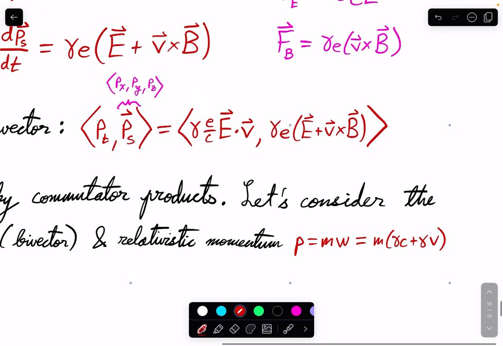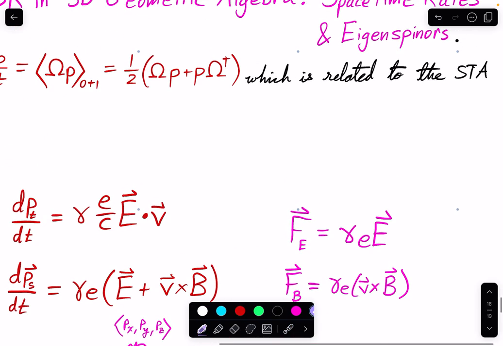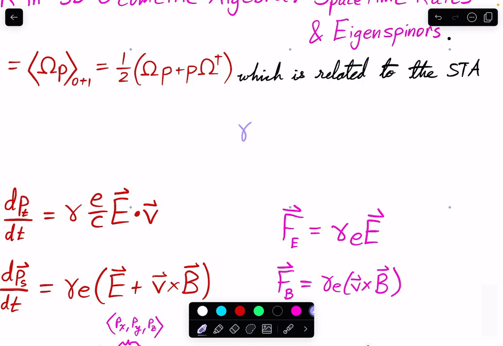Oh, and I was going to write it up here, but I kind of forgot. A thing to note is that gamma, when it's written without subscript, is the same thing as the cosine of phi, where phi is equal to the inverse tangent of the magnitude of the velocity vector over c. So this is called rapidity, and gamma is the cosine of the rapidity.